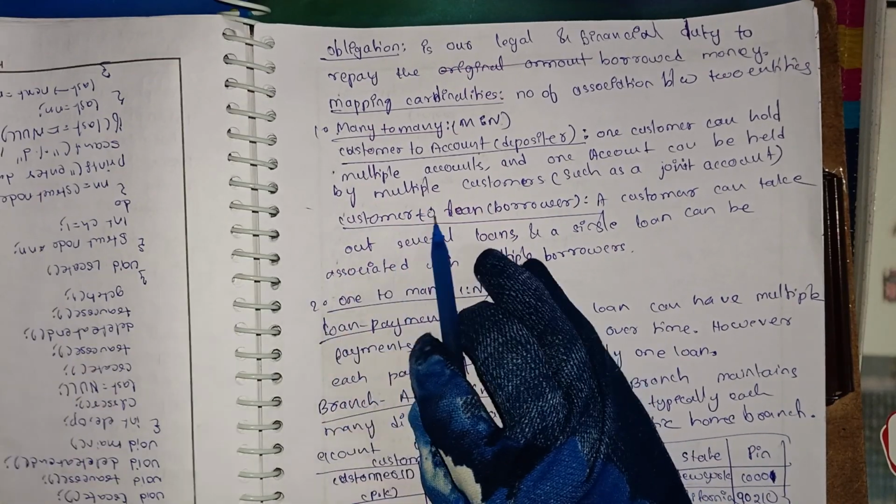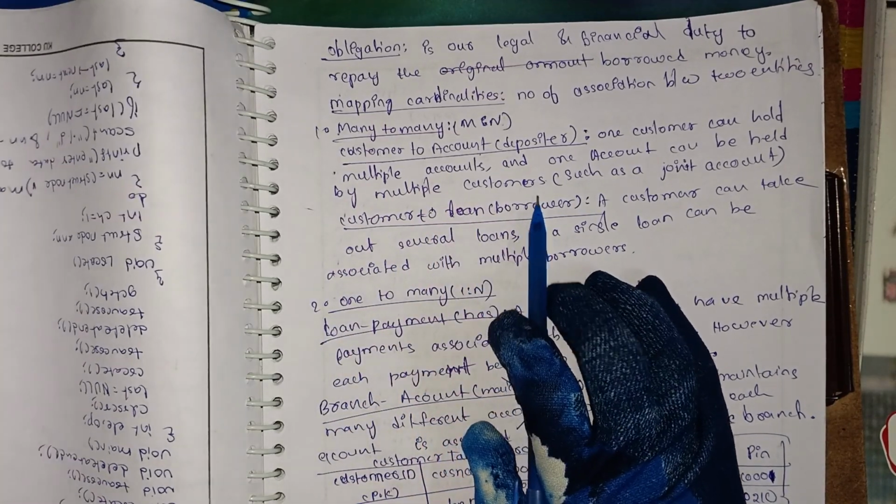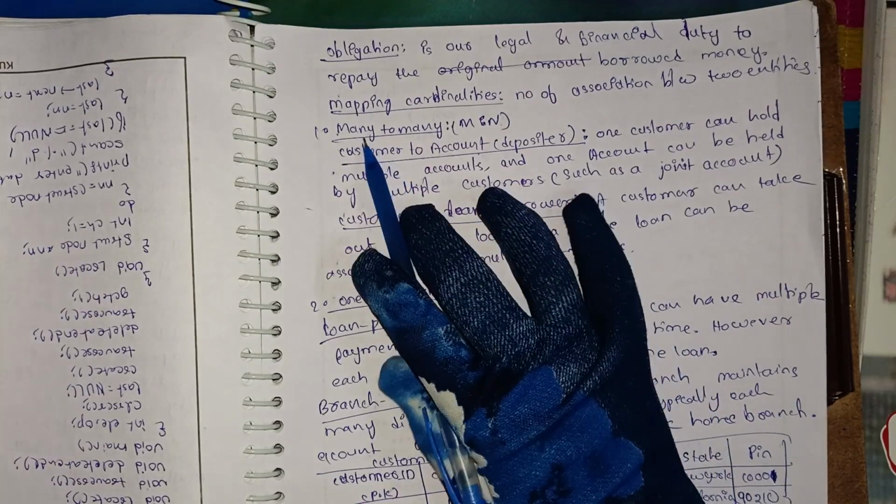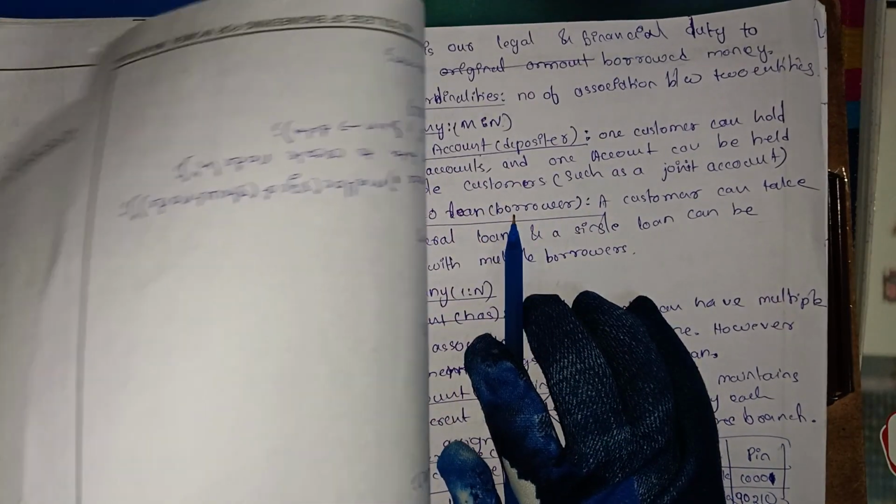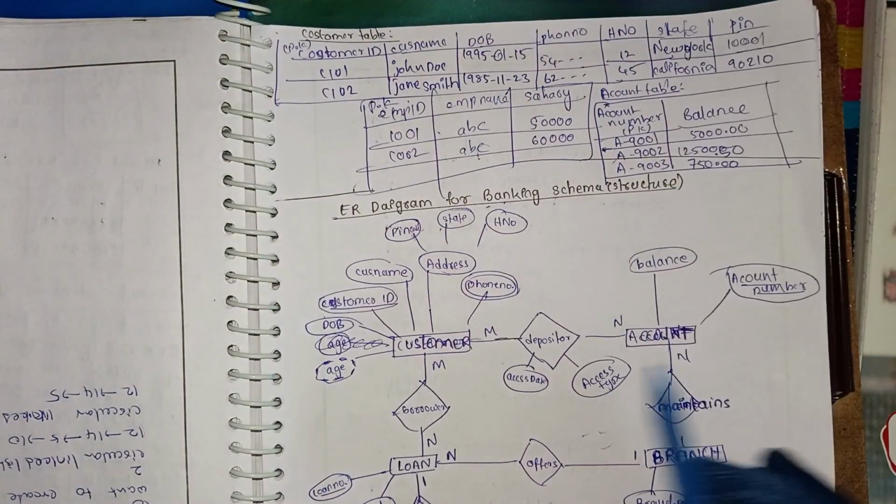And then the customer to loan relationship, that is also many to many. The relationship is borrower.